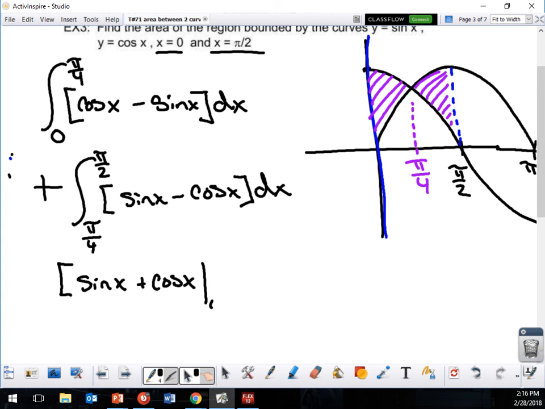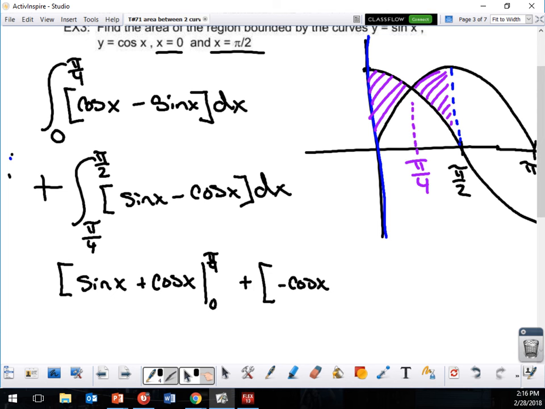Okay, and that's from 0 to pi over 4, plus my other side, which is the integration of sine, negative cosine, and it's minus the integration of cosine.